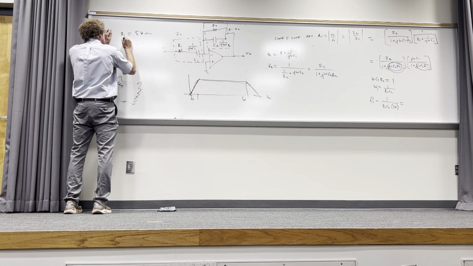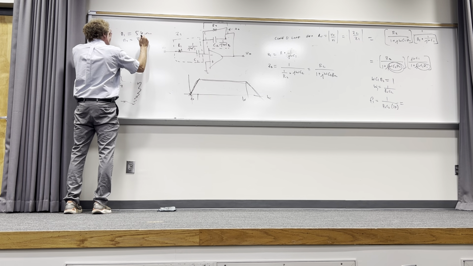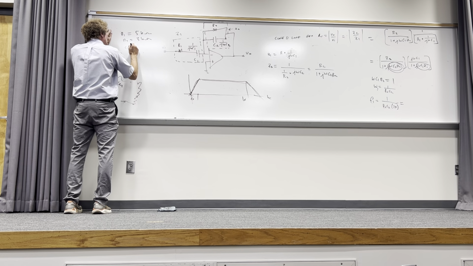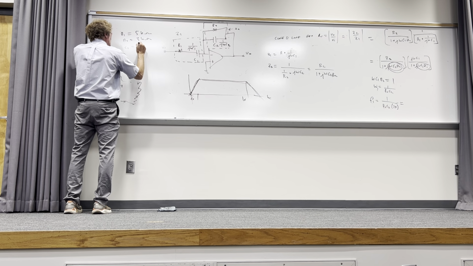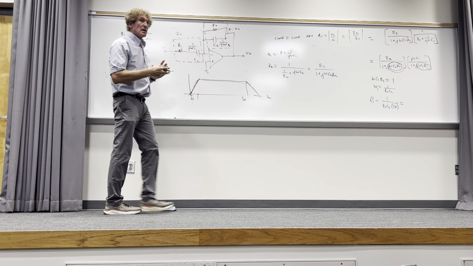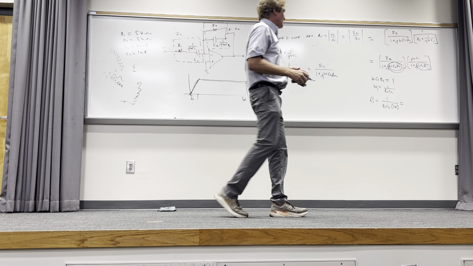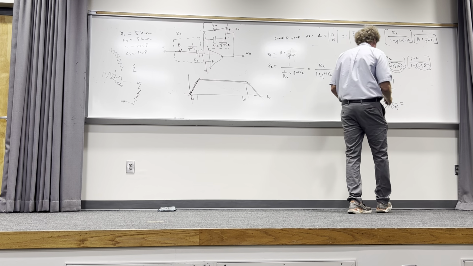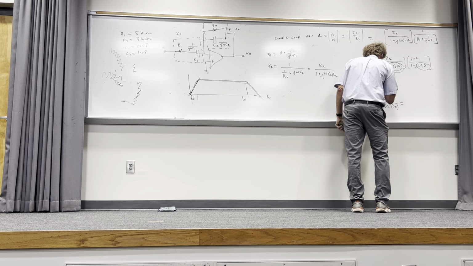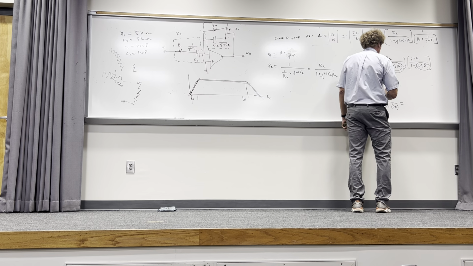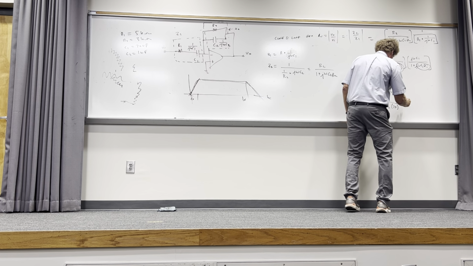What about R2? 3K. What is C1? 20 microfarads. And what is C2? 1 microfarad. All right. Can you give me F1? Or I could better call it F2 because I got C2 there. I'll call this 2. What is F2?